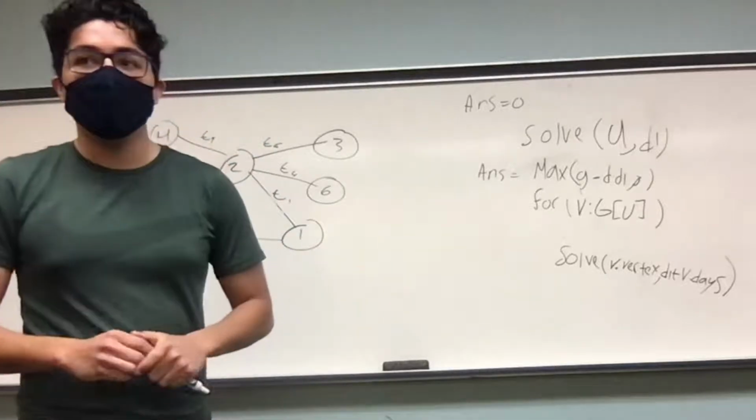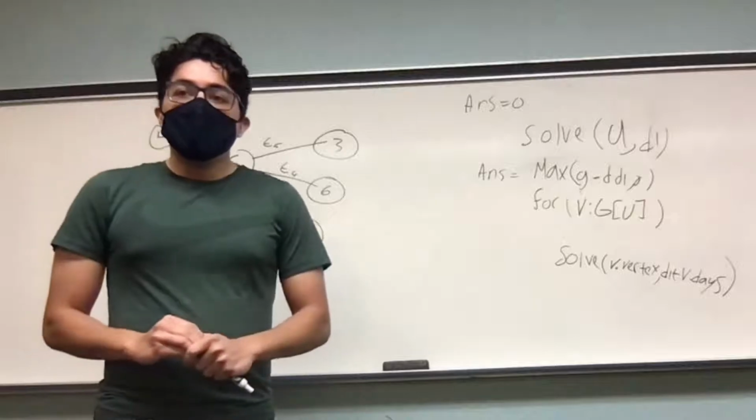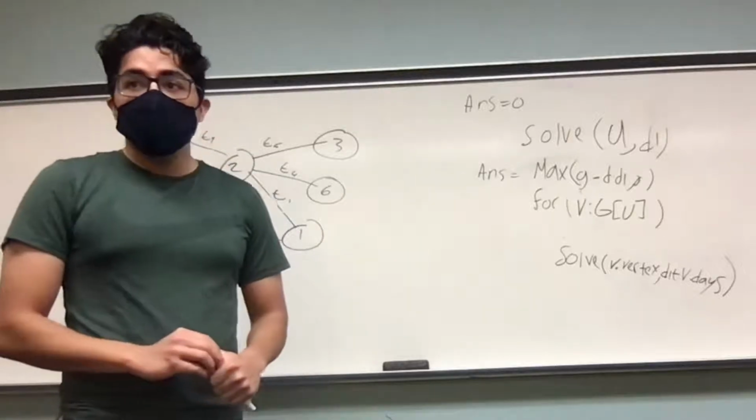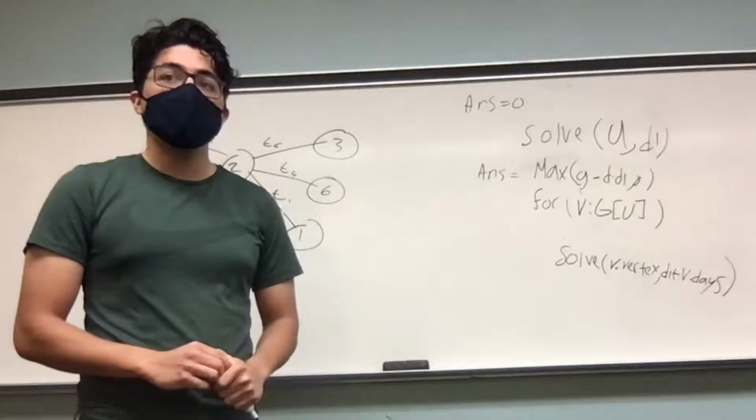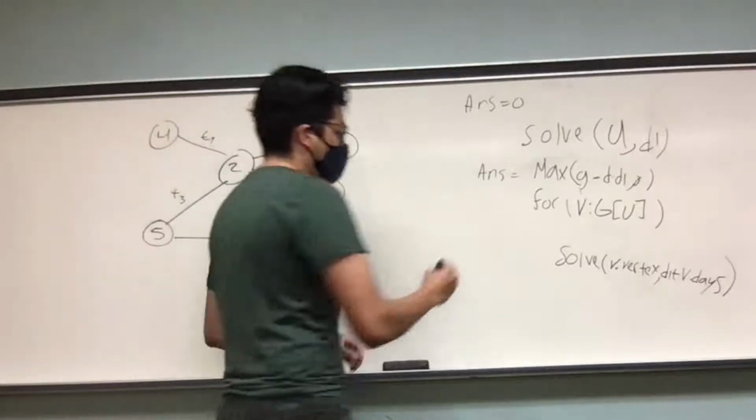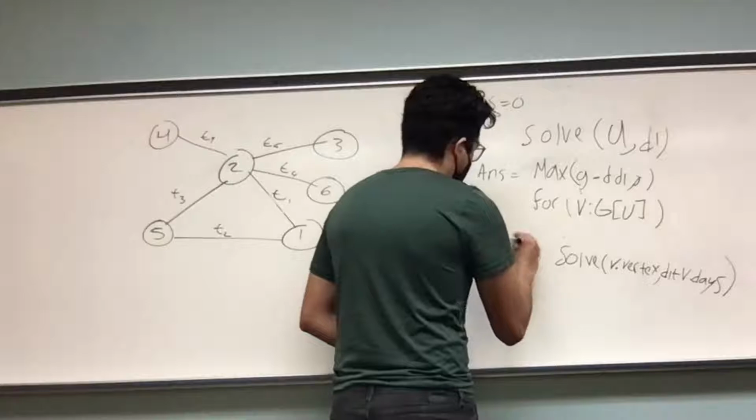Okay, so here inside of the for loop, we do ans plus equals solve of v dot vertex, d1 plus v days.